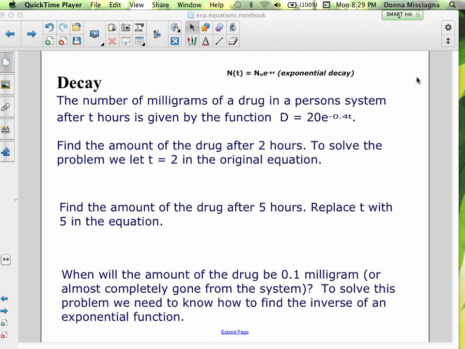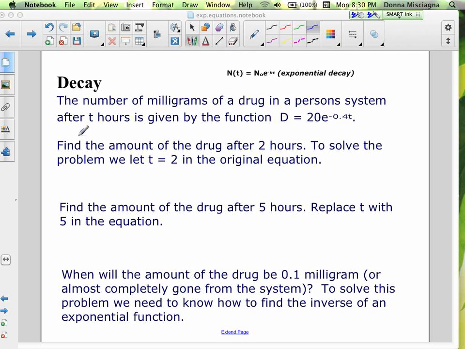We want to find the amount of drug after 2 hours. We already have the equation here, so we won't have to write our equation. But as a reminder, let's break down what the parts of the equation mean. The 20 is our starting value, so 20 milligrams of a drug, some medication.